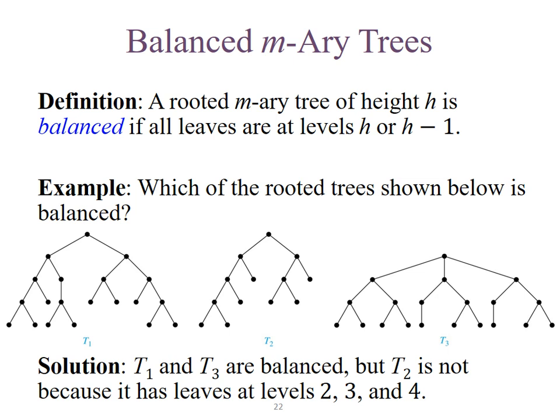How about we remove these 2? If these 2 are removed, then this will be a balanced tree, so we cannot remove these 2. And we cannot remove this one either, because when it is removed, it is not a full binary tree. So probably this is the correct answer. Very good.